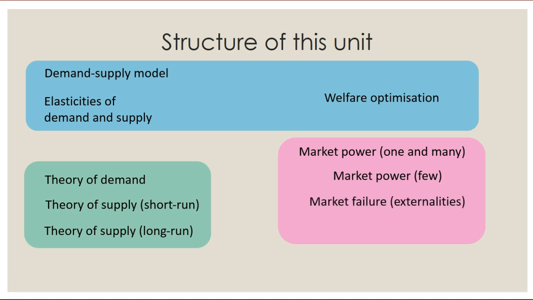Then we'll look at something called market failure, and in particular we'll look at the market failure associated with externalities, and then the market failure associated with public goods. These topics are clustered together because what each of them shows is that welfare optimization may not obtain because real-world markets aren't necessarily perfect.